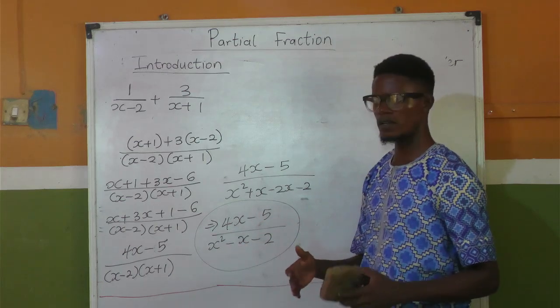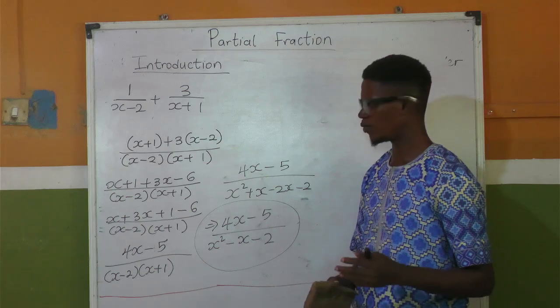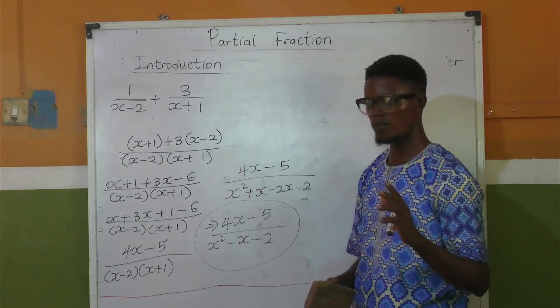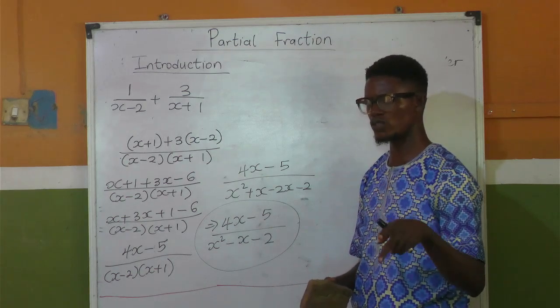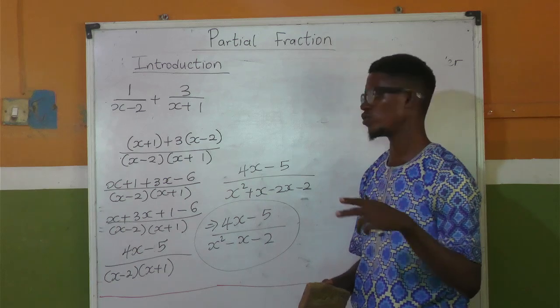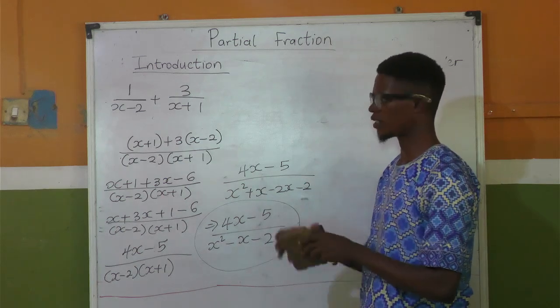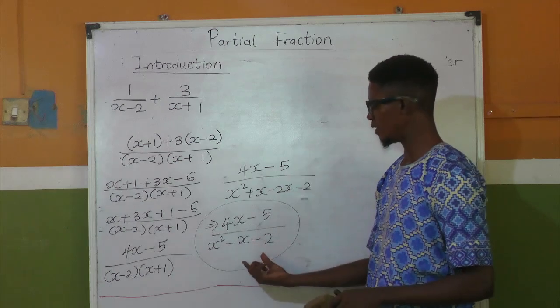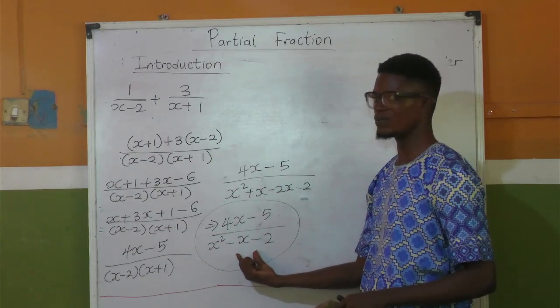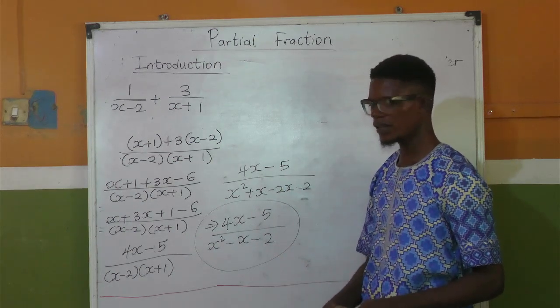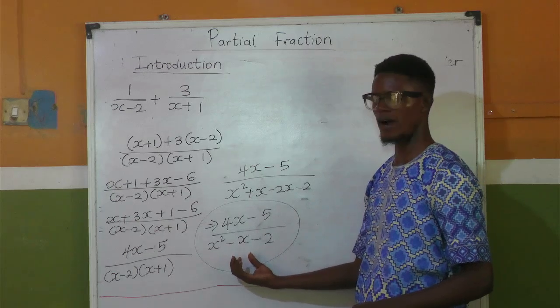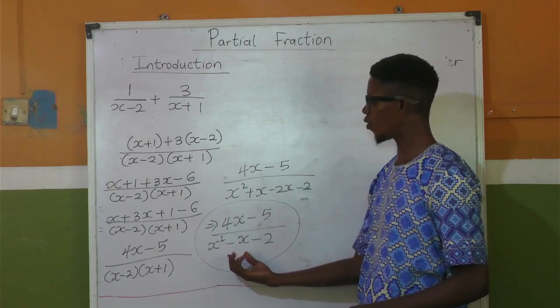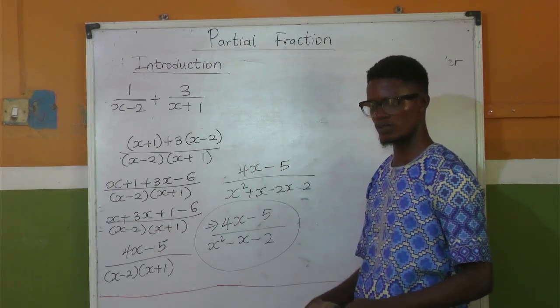In the next couple of videos, we are going to be doing some examples, but there are some important principles to note before we continue. For you to be able to perform partial fractions on any expression, the first thing you must notice is that the denominator must be factorizable. That means you must be able to obtain factors for the expression in the denominators.